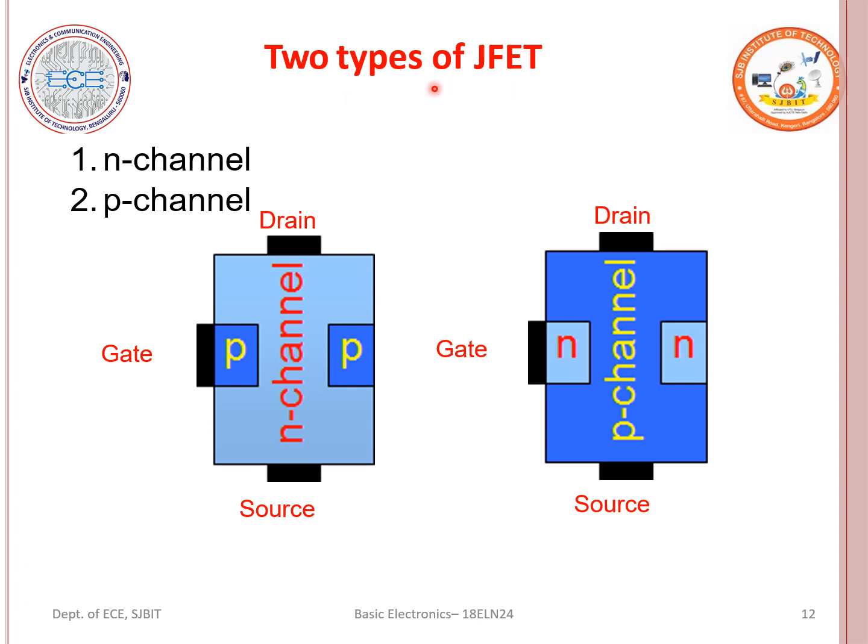The two types of JFETs are N channel JFET and P channel JFET. For the N channel JFET, the substrate is N type and the gate regions are made of P type. Similarly, for the P channel, the substrate is P type and the gate regions are made of N type.